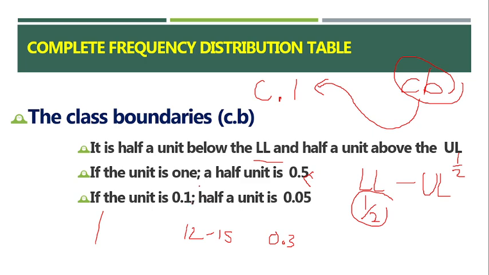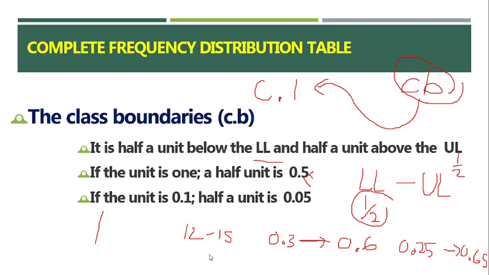What you will do is, this is your class interval, 0.3 to 0.6. Half a unit below gives the class boundary of 0.25, and your 0.6 will become 0.65. Okay, that is the class boundaries. There is a purpose for that.